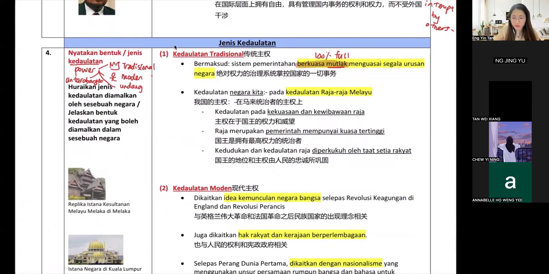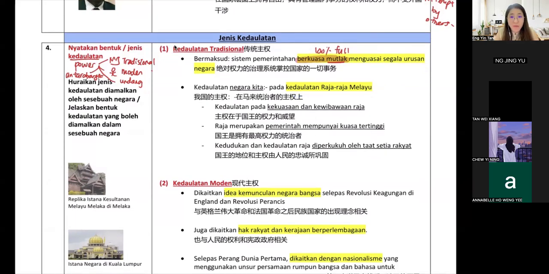So right now, they are referring to the fact that back then, someone had the full power to control every single thing. Your sejarah textbook worries that you don't understand what full power means. Your sejarah textbook knows that some students don't understand mutlak. So that's why they give this explanation. Menguasai segala urusan. Everything means everything. Okay? The king has this power.